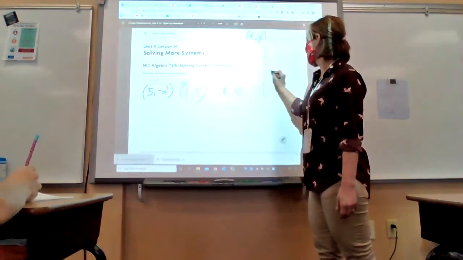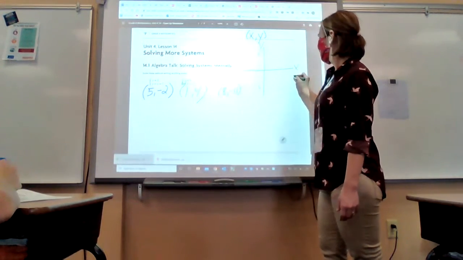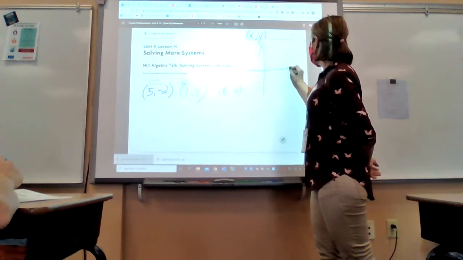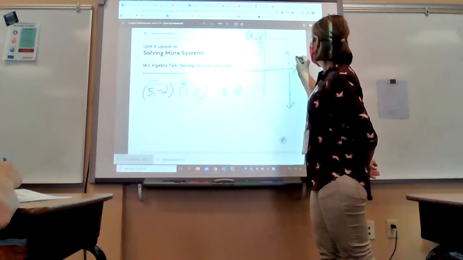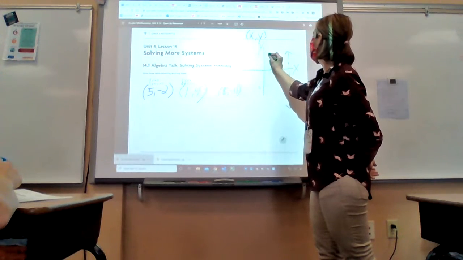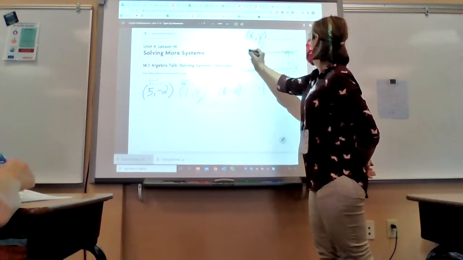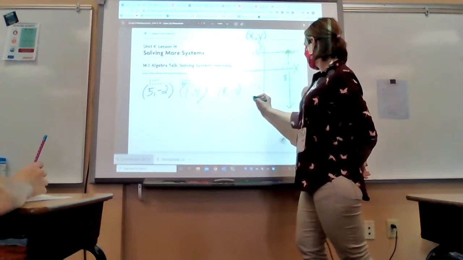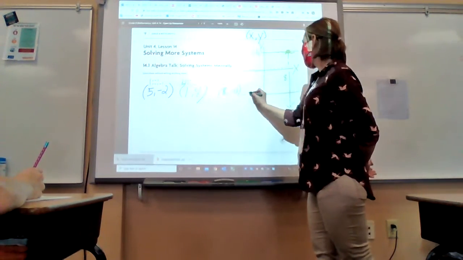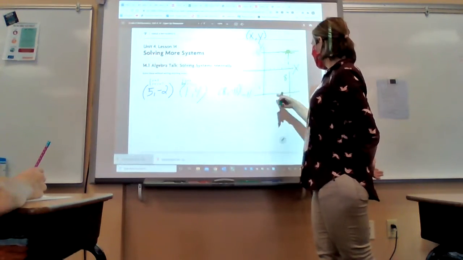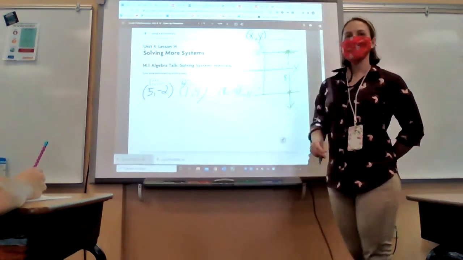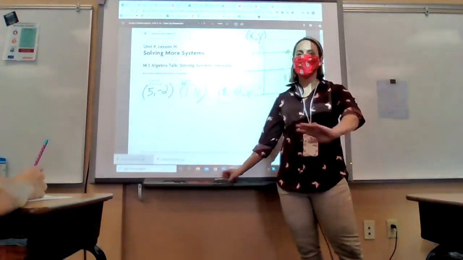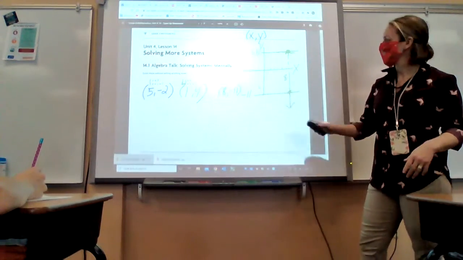If you were graphing this, x would be 8 and the y would be negative 11. 8 comma negative 11 is right there. So there would only be one solution, but those are lines with no slope.